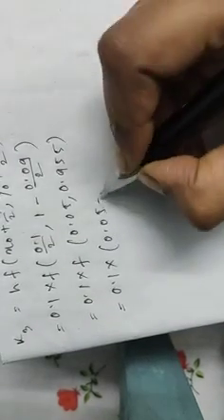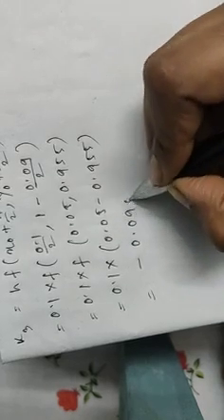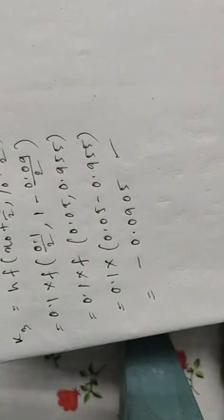Just applying the rule for f(x,y), that is minus 0.0905. This is k3.